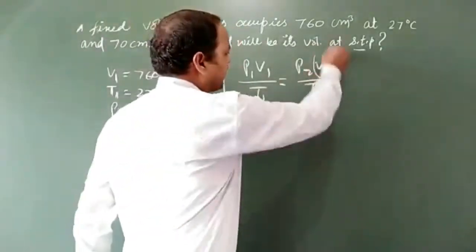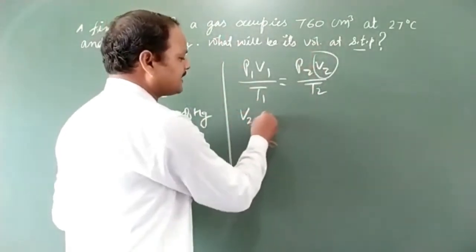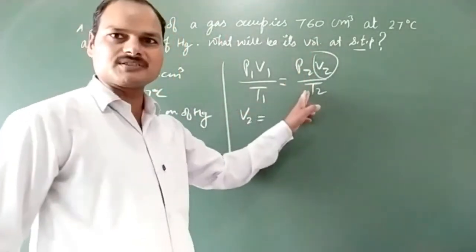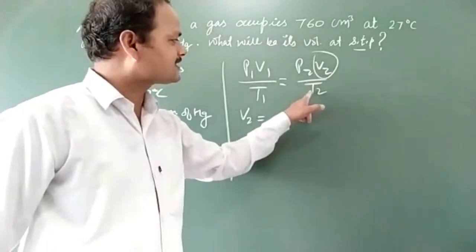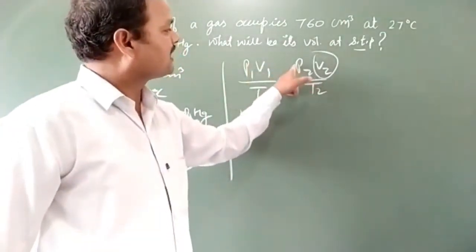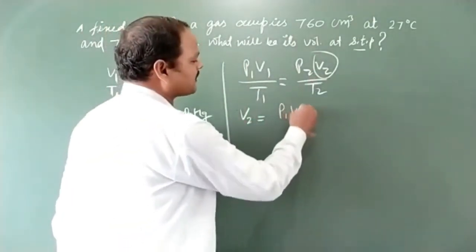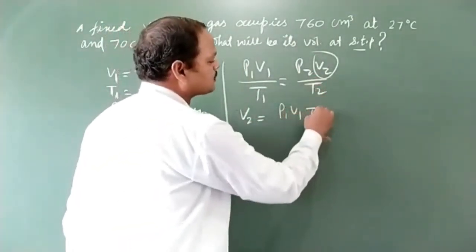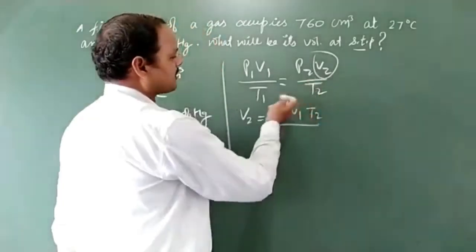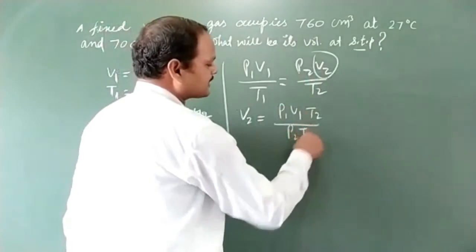Here V2 is required. So keep this term towards left side and rearrange these terms. Means carry this T to this side and bring this P2 to this side. We will get here P1 V1 and T2 upon P2 and T1.